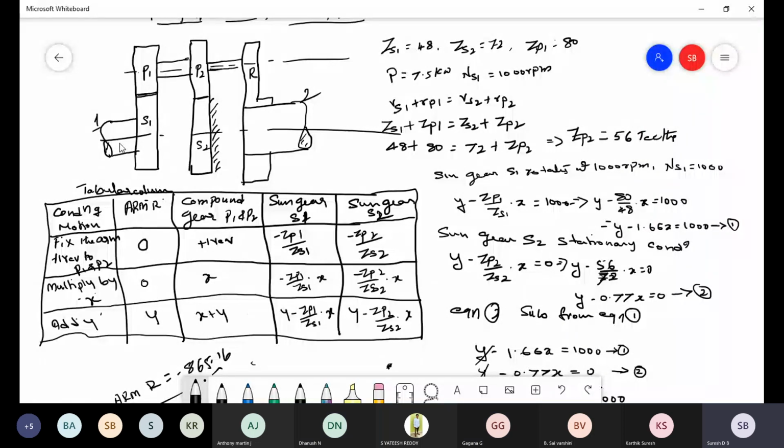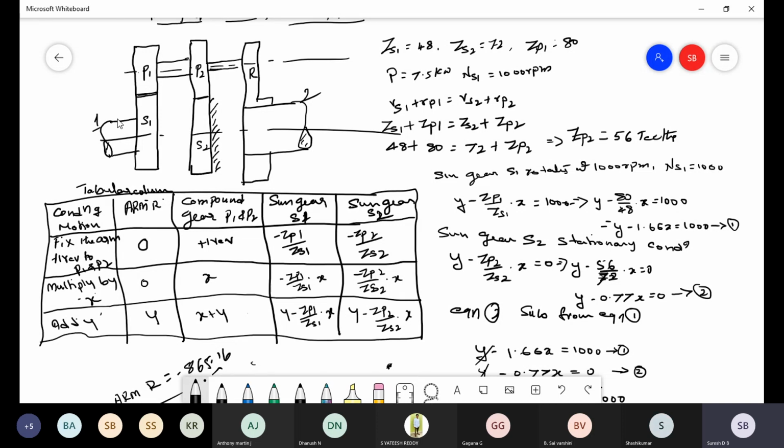When S1 rotates at 1000 RPM, the input shaft also rotates at 1000 RPM. When R_M rotates at minus 865.16, the output shaft rotates at the same speed, because R_M is rigidly connected to the output shaft.